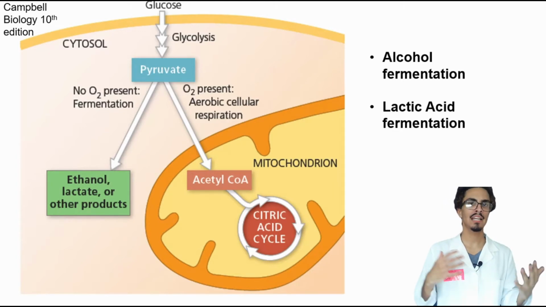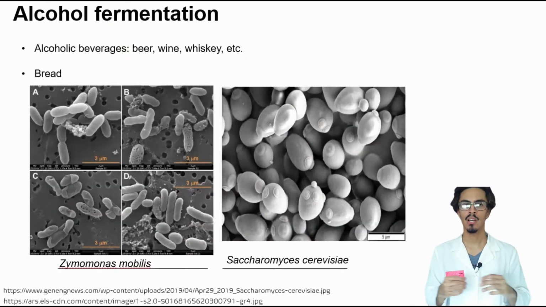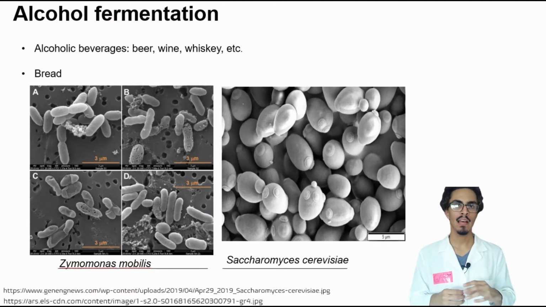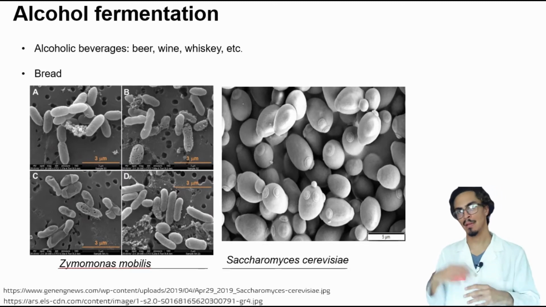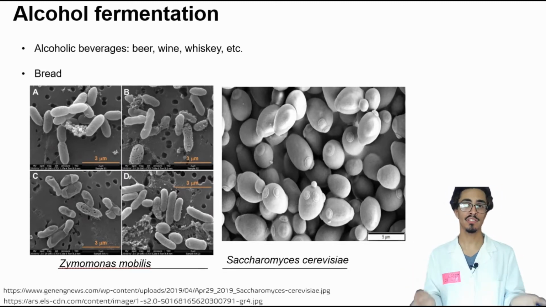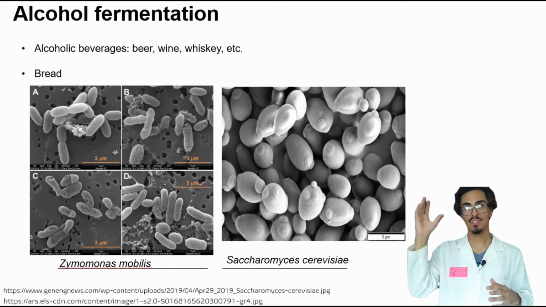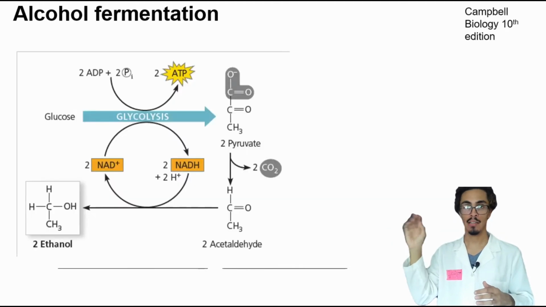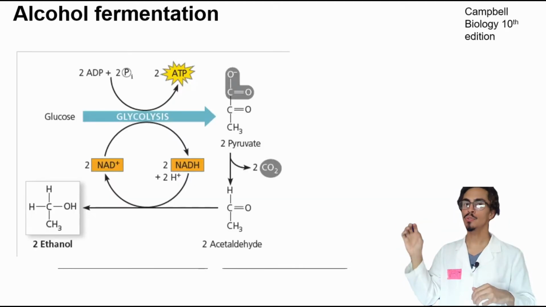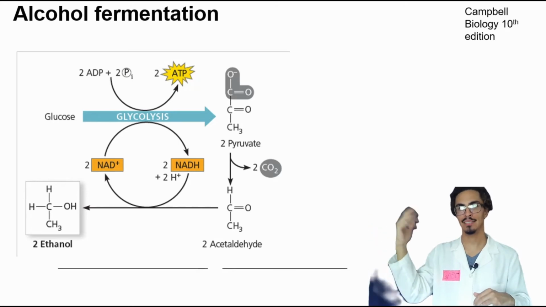So alcohol fermentation is the one we're familiar with the most. We know that it's done by yeast, like Saccharomyces cerevisiae, and we generate alcoholic beverages and we make bread from it. It's actually very simple. So after you generated that pyruvate through glycolysis, pyruvate will lose CO2 molecules, converting into acetaldehyde.